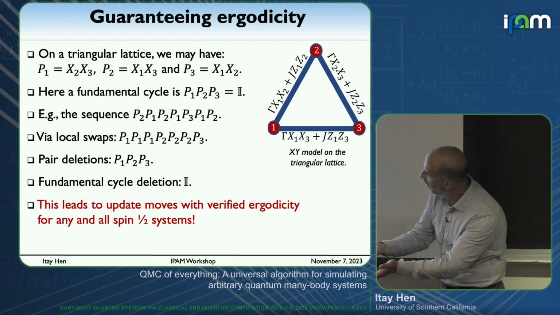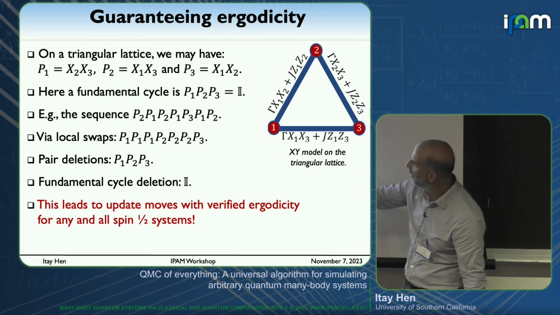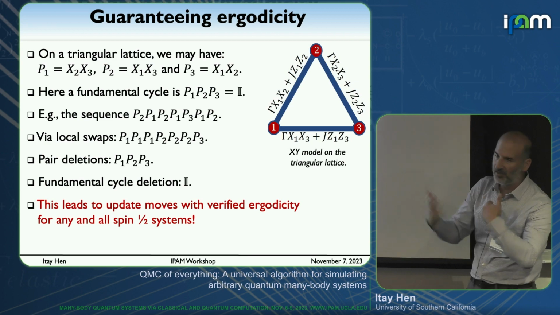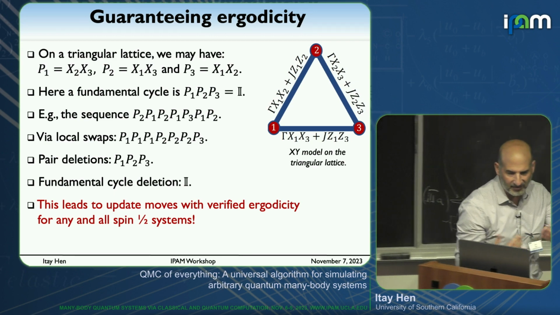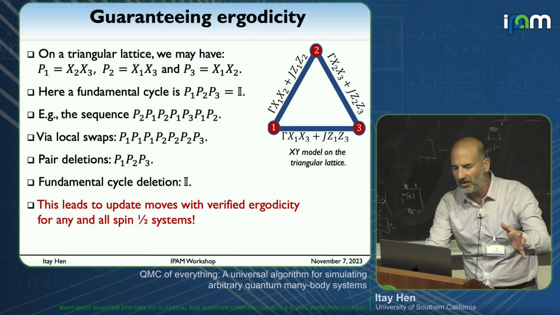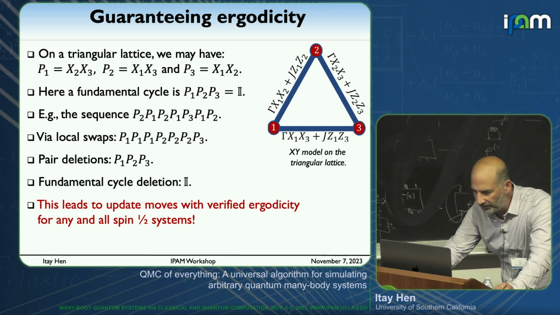I remove the pairs. For example, this is pair deletion. Then I end up with P1, P2, P3, and this is a fundamental cycle. And if I know how to insert or delete it, then I'm done. So we have a set of update moves with verified ergodicity for all spin-half systems.